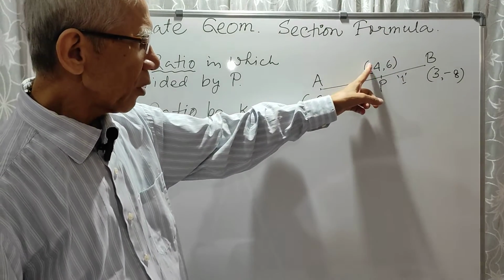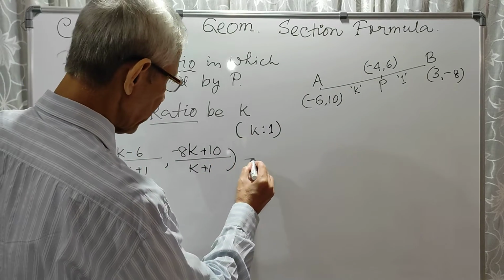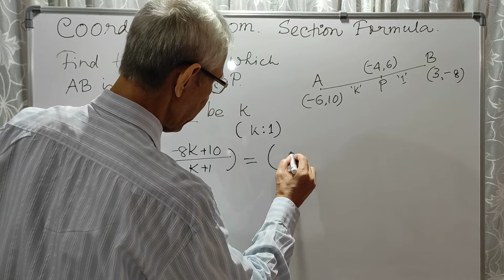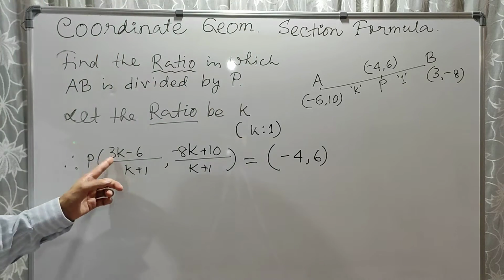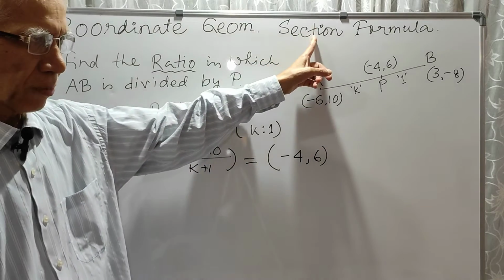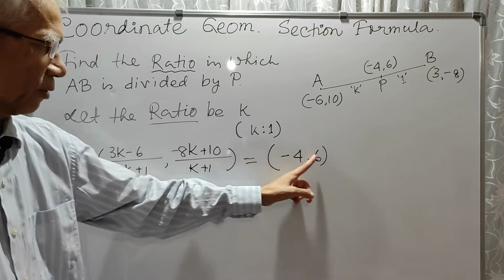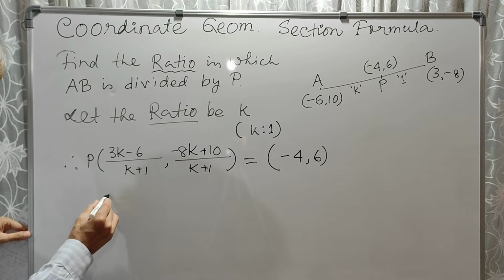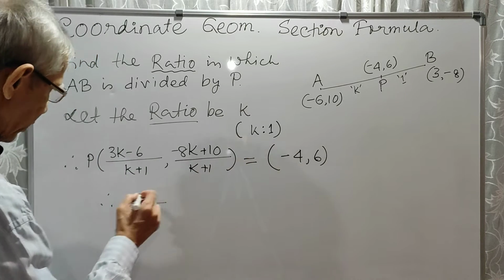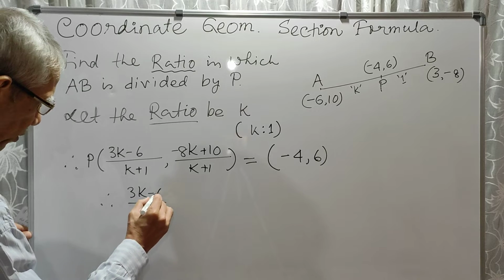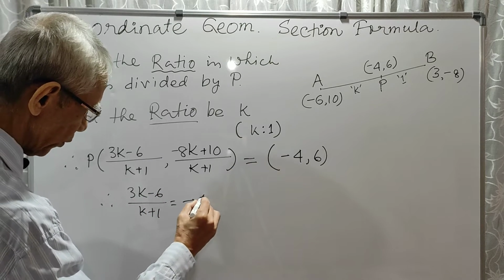But the coordinates of point P are already given, minus 4, 6. Therefore, this must be equal to that point minus 4, 6. These coordinates we have found by using the section formula, but the coordinates are already given. So this will be equal to this and this will be equal to this. So x coordinate equals x coordinate: 3K minus 6 by K plus 1 is equal to minus 4.